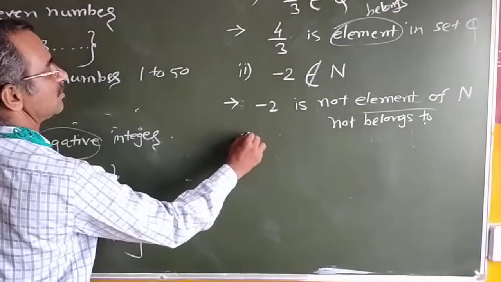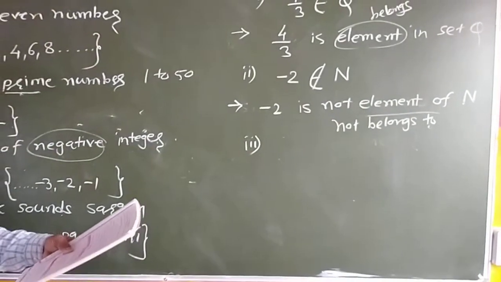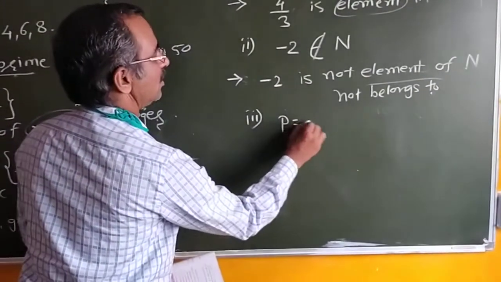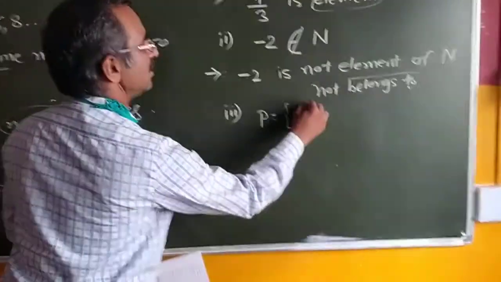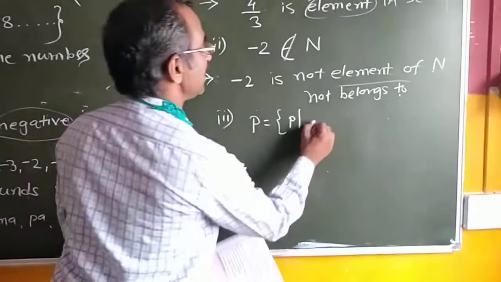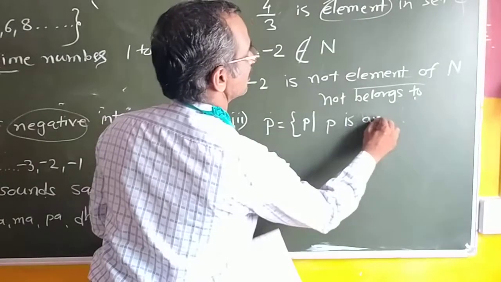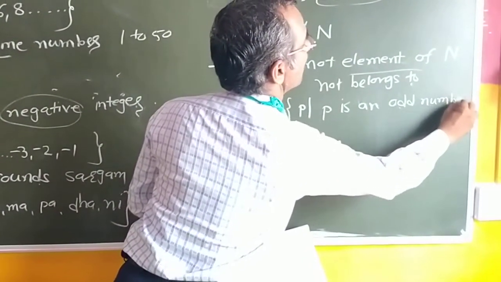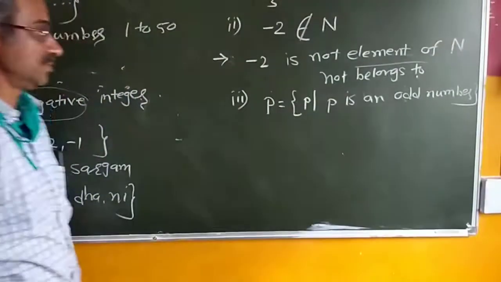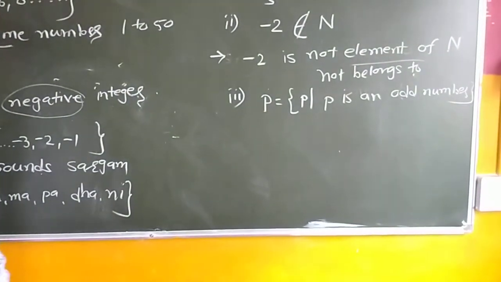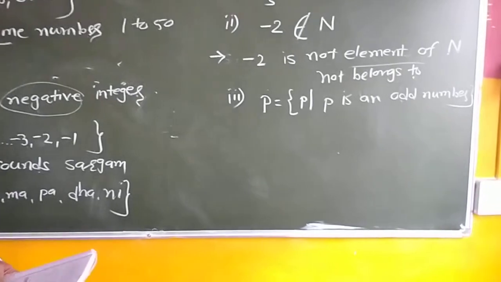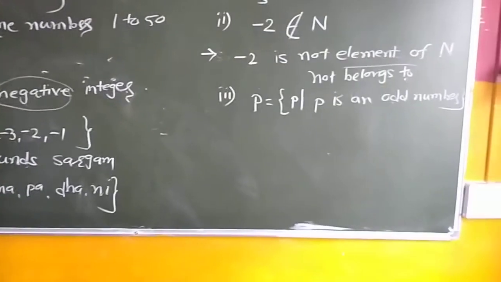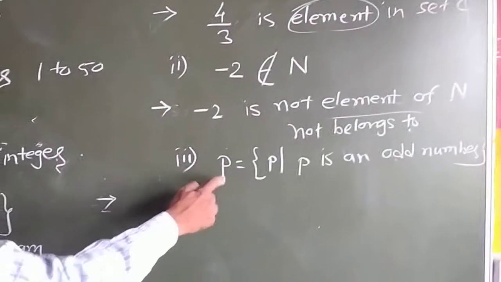Then third one, P in curly brackets, P is an odd number. Missing the general form, we write it like this.